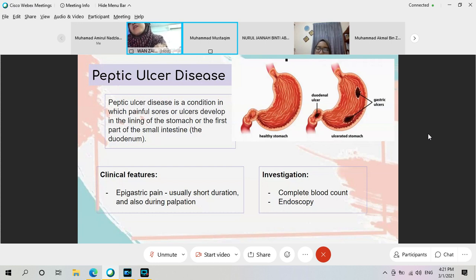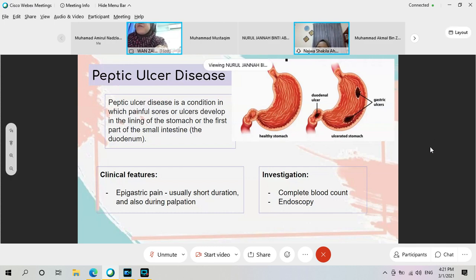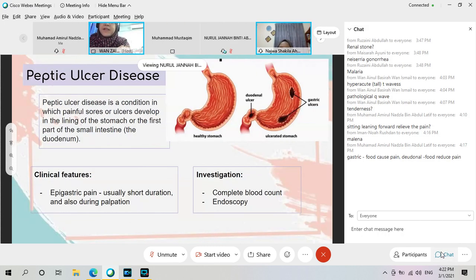It cause contraction of the gallbladder. Gallbladder mengeluarkan bile, because in duodenum there are other particles to be digested, which needs the alkaline, whereas in the stomach they need the acid. Ni belajar dah semua ni long time ago. Okay, so when you forgot about the physiology, this is what happened.